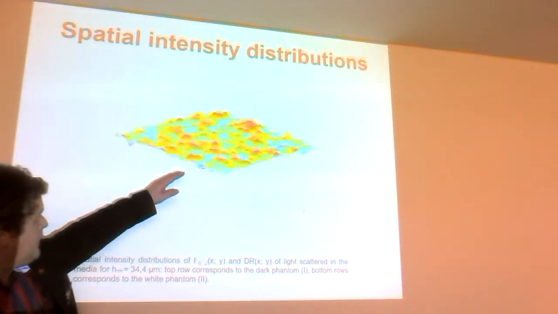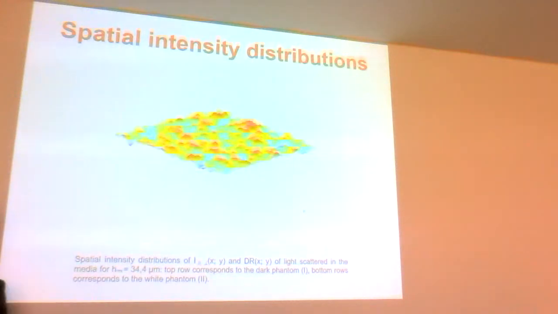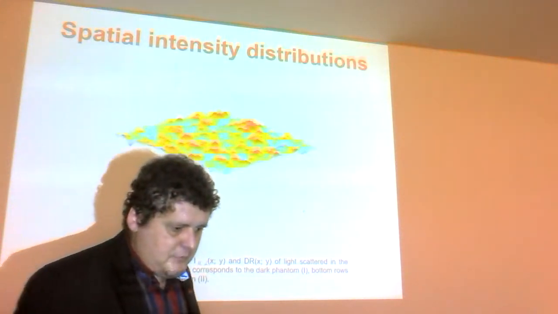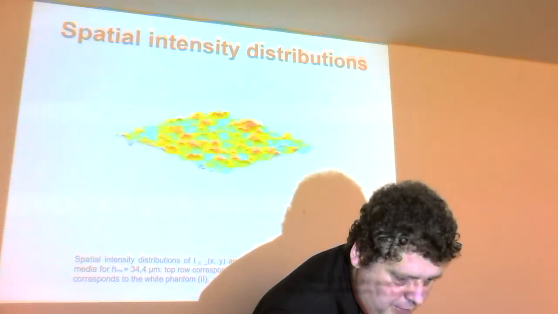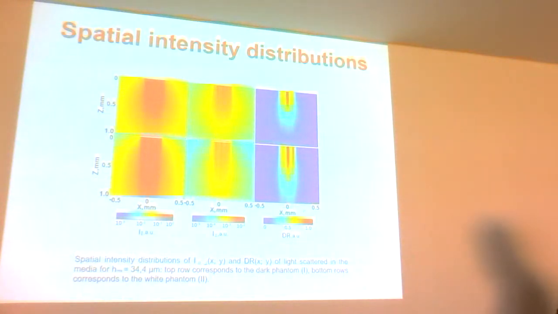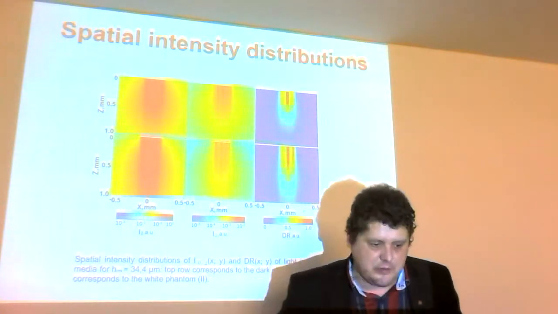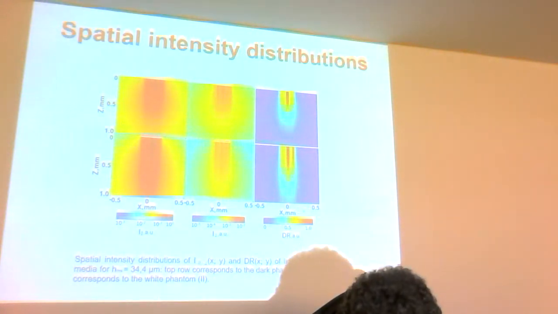What is more influential, the roughness of the surface or the scattering of the tissue? We try to analyze that and see what happens if we consider phantoms with a certain roughness.